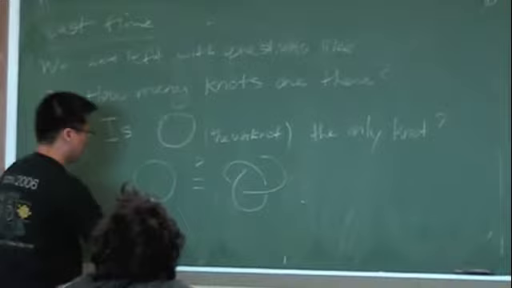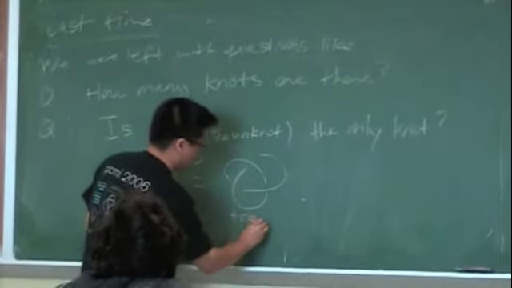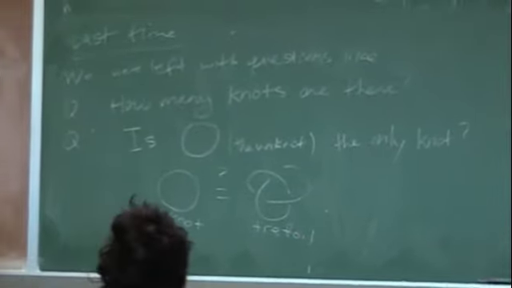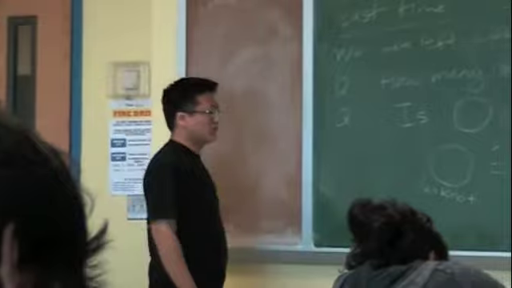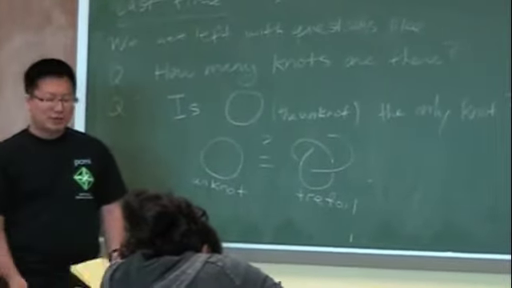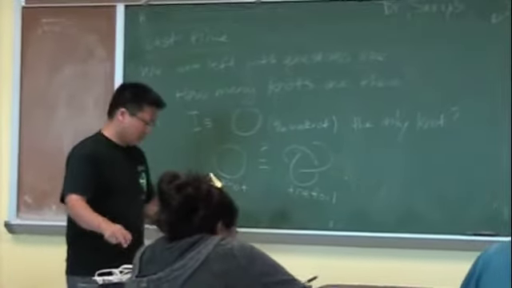This is called the unknot. This is called the trefoil. Is the unknot the same as the trefoil? Are they really the same knot, just two different pictures? Seems unlikely if you've been playing with the extension cord, but who knows?